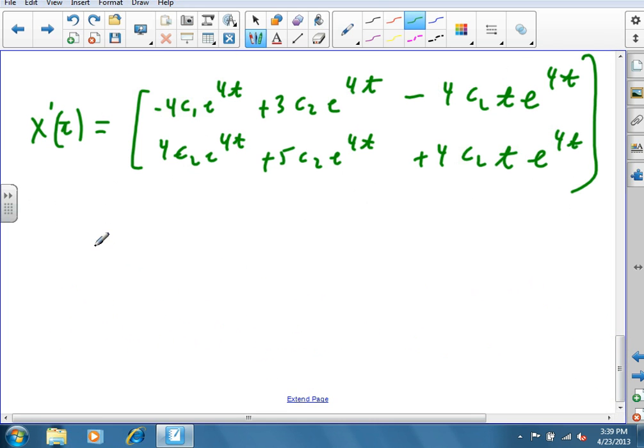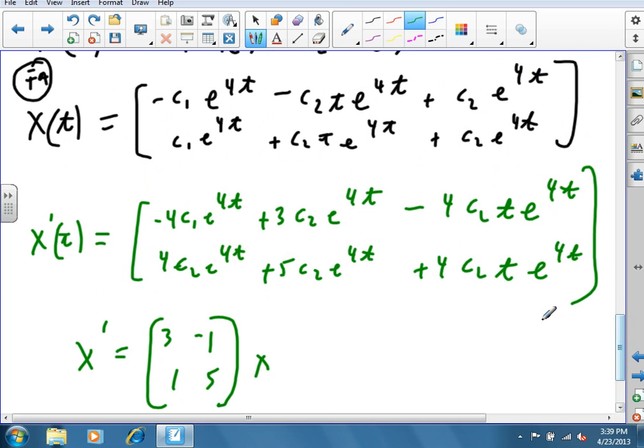Okay. Now x prime is supposed to be A, which is 3, minus 1, 1, 5, times x. Okay, so do 3 of these minus 1 of those equal the guy on the bottom? Okay, so 3 of those minus 1 of those, minus 4.